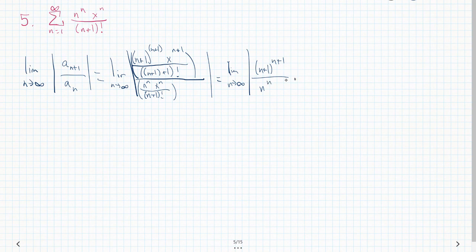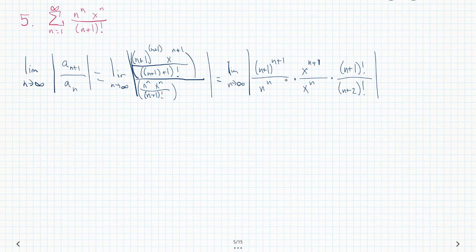We'll have an x to the n plus 1 over x to the n, and we'll have what's the other one, n plus 1 factorial, and then the n plus 1 would be n plus 2 factorial.